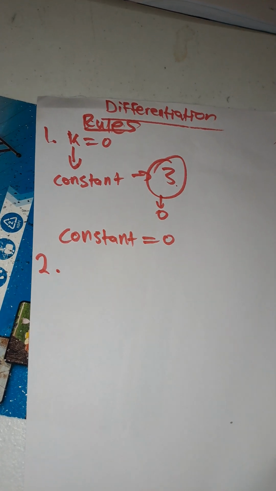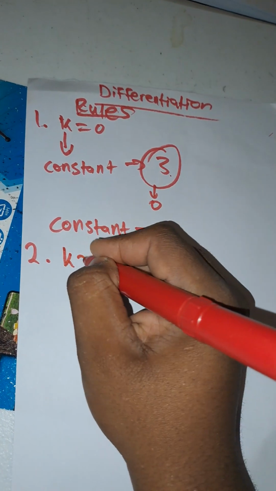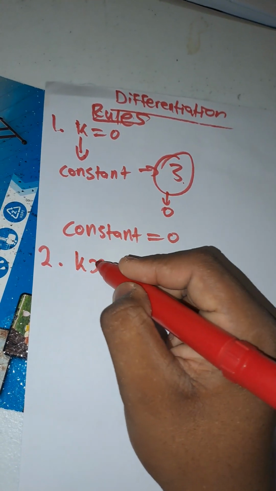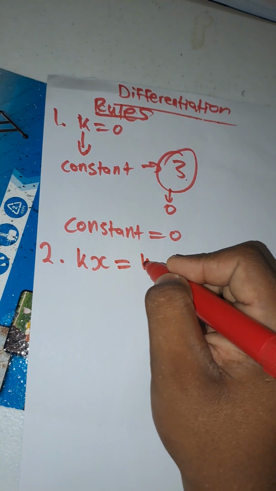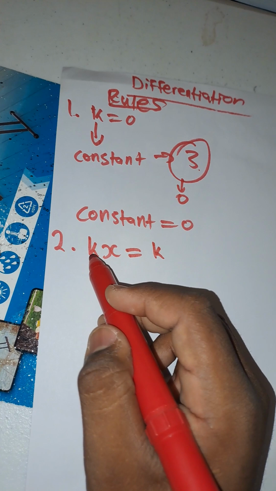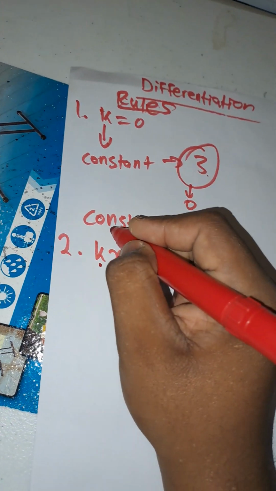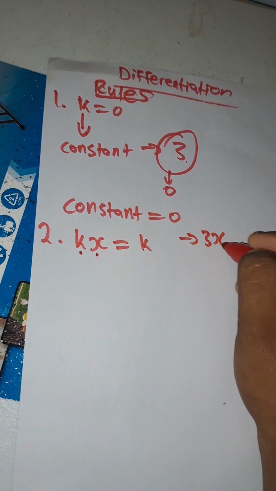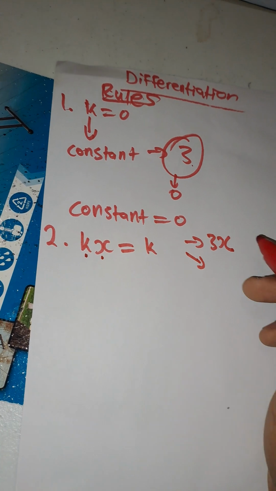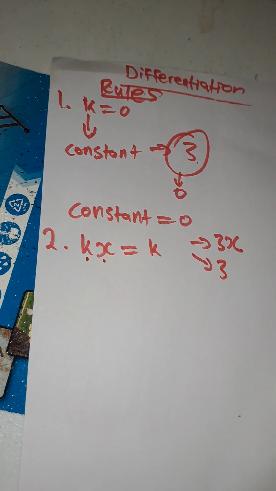Okay, and then let's go to the second rule. Check this one out. I have a number, my constant, and a coefficient. This one is saying the derivative of the number and the coefficient equals the number. This is my number, and this will be my x. For example, I have 3x. If I differentiate it, it will be 3. This is the rule.